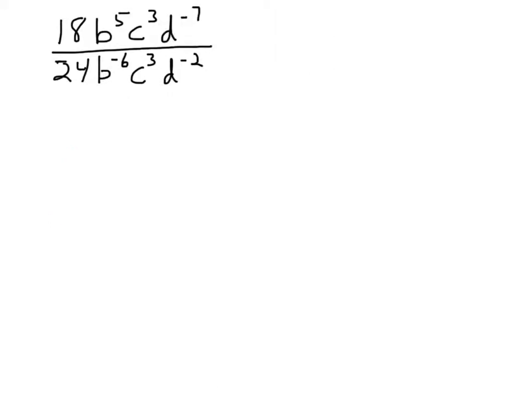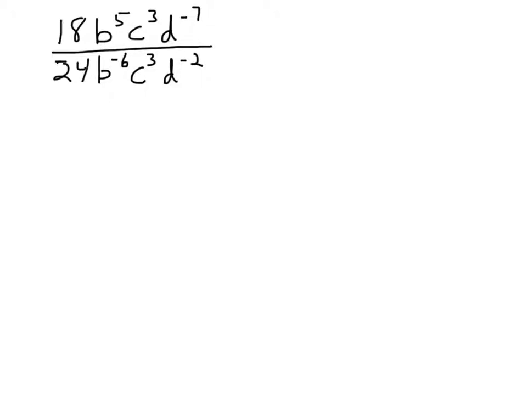Okay, let's look at this next example. Now this is a fraction, and you can see there are some negative exponents. And usually the first thing you're going to want to do is remove parentheses when you have them, but we don't have any parentheses here. And usually the second thing you're going to want to do is get rid of any negative exponents in your problem.